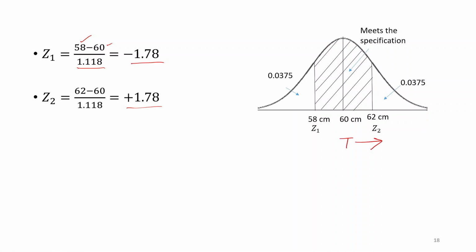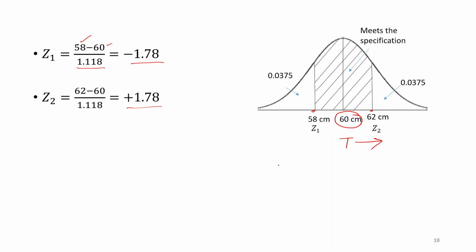This is, you can say, T. And this is my mu T, which is actually 60. So 58 is lying here and 62 is here. This is the range.